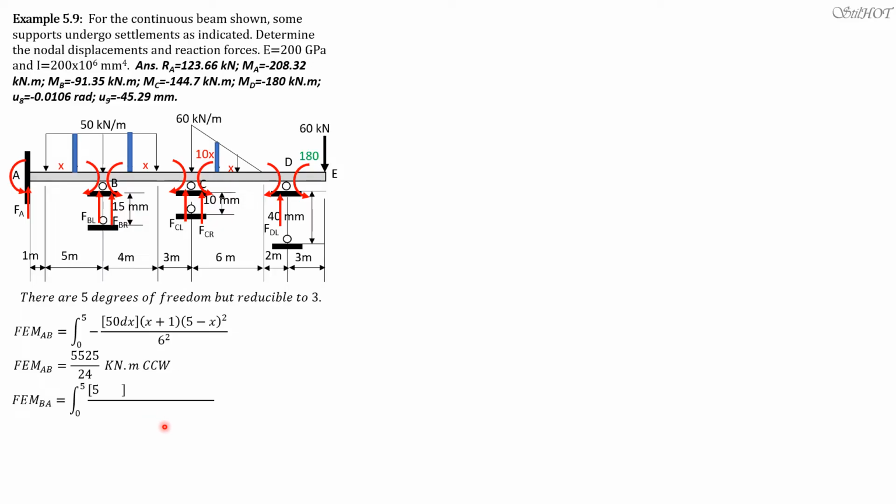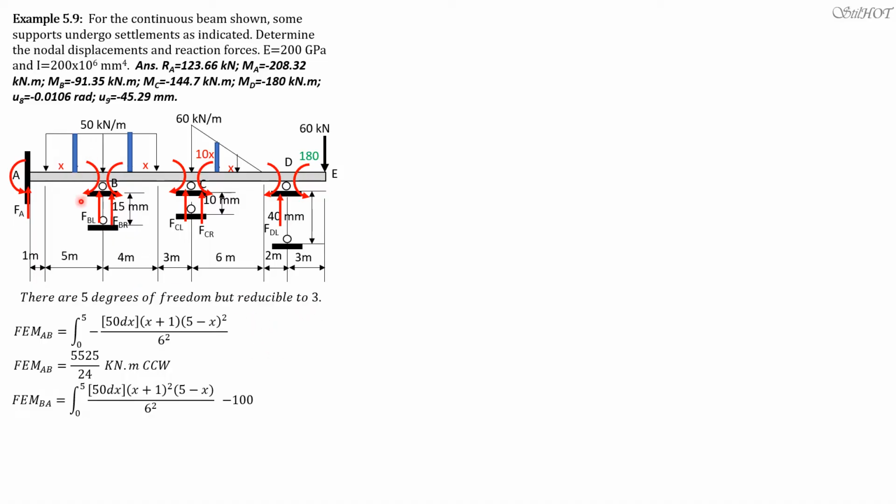Fixed end moment BA, integral 0 to 5 of 50 dx, quantity x plus 1 squared, quantity 5 minus x, divided by 6 squared, then minus 100. By the way, the fixed end moment due to sideway is negative 100. And negative 100 means that, because we use slope deflection, it is counterclockwise.